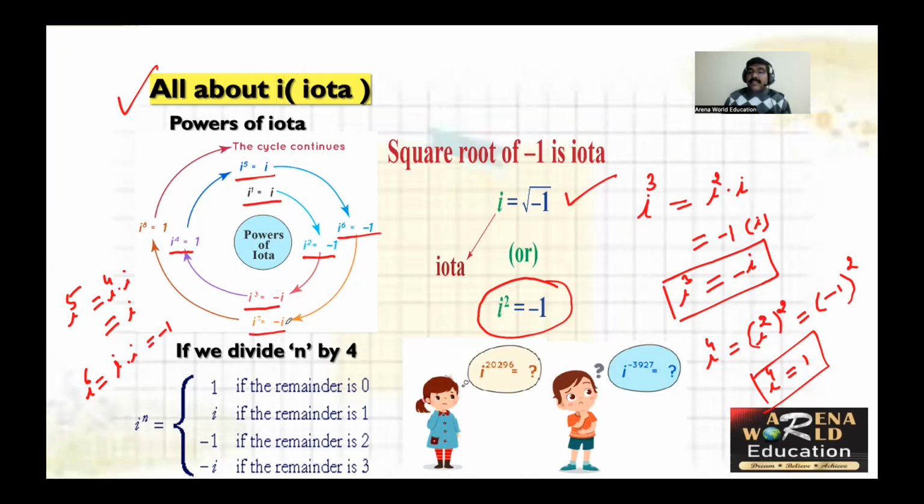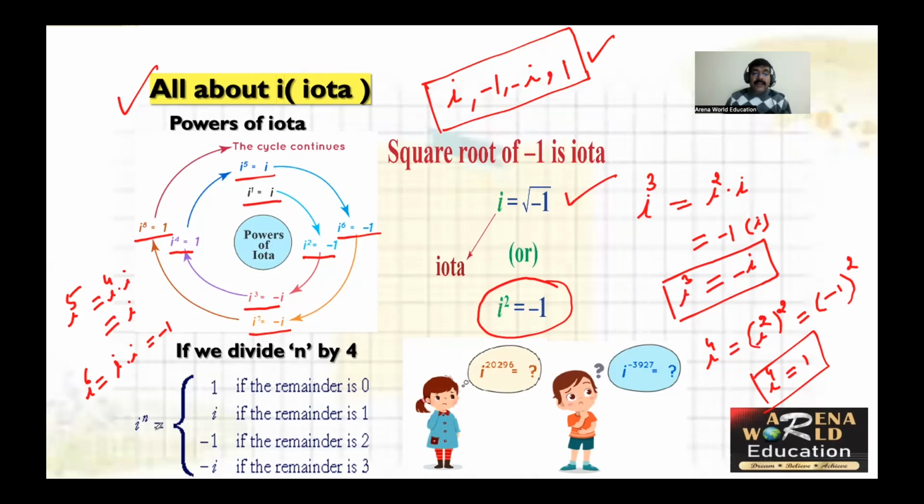Iota raised to power 7 is minus iota. Iota raised to power 8 is 1. Then again iota raised to power 9 will be iota. So the cyclicity of iota is iota, minus 1, minus iota, then 1. Right? So it repeats after this cycle.